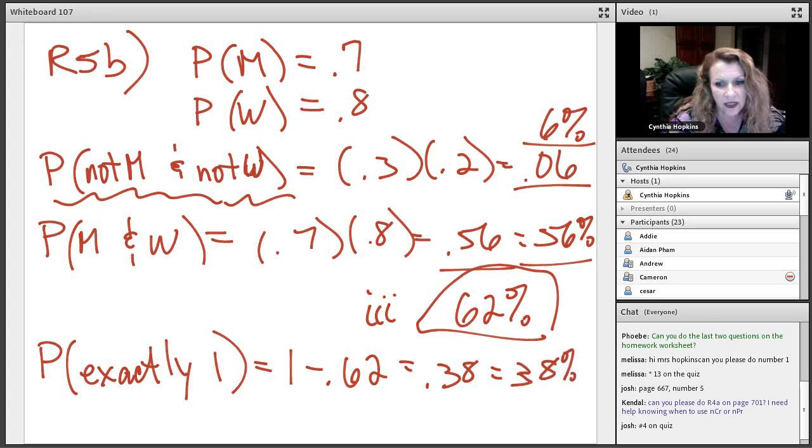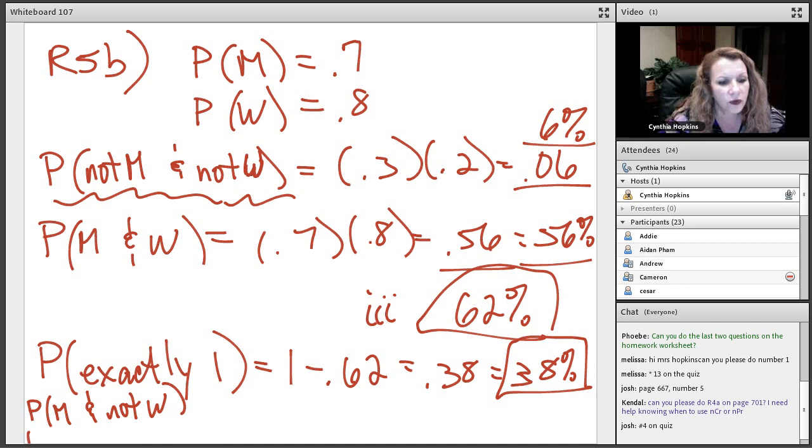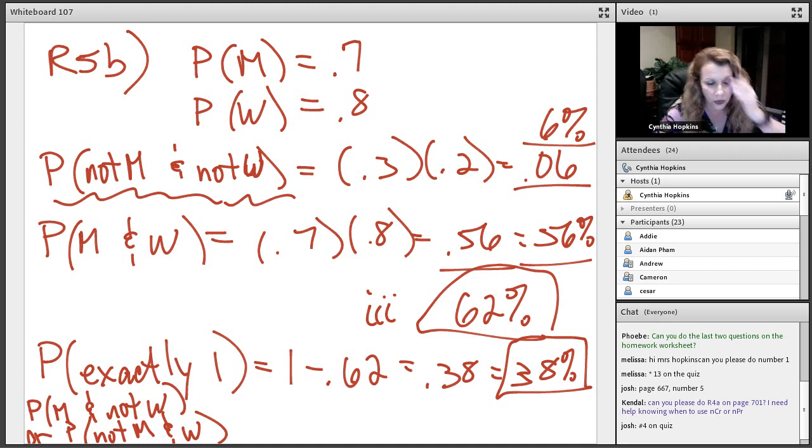Now you can calculate that a different way. You can say the probability of M and not W, or, so of course that means plus, the probability of not M and yes for W. So you could do both of those and then add them together and you'll end up getting 38%.